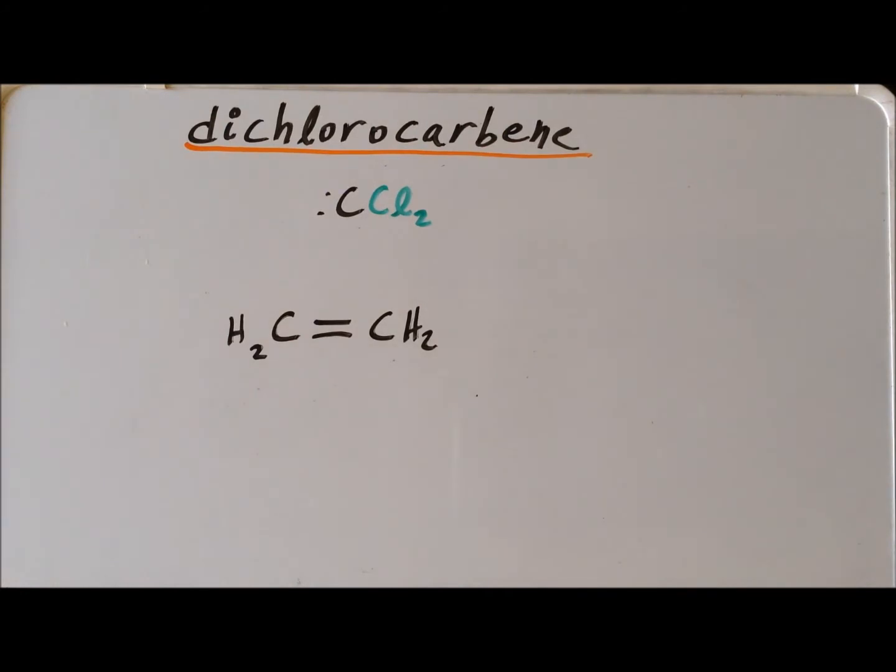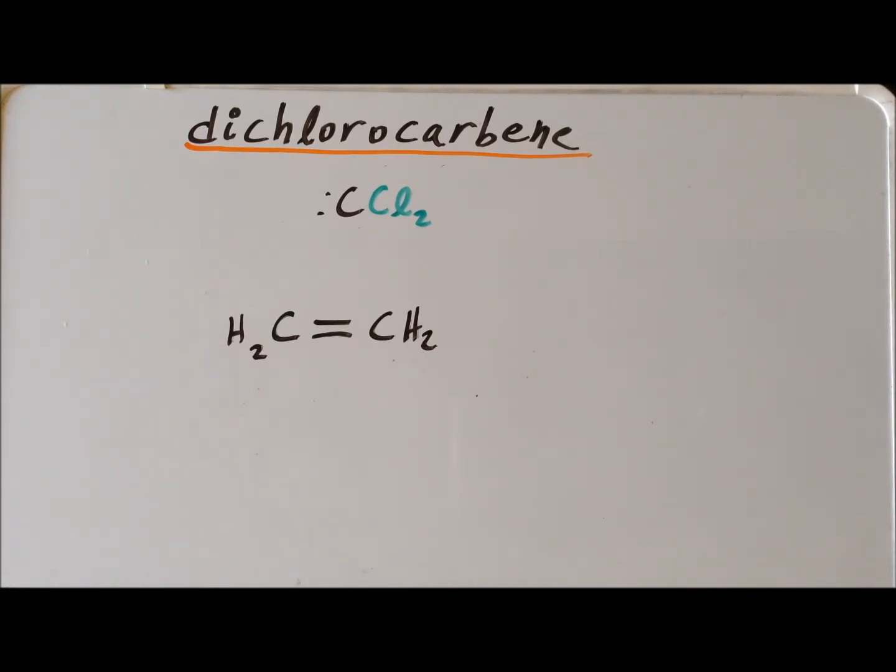For the remainder of this video, we are going to restrict our attention to the reactions of singlet dichlorocarbene. The particular reaction we are going to emphasize is the reaction where dichlorocarbene inserts into the double bond of an alkene and ultimately forms a cyclopropane derivative.